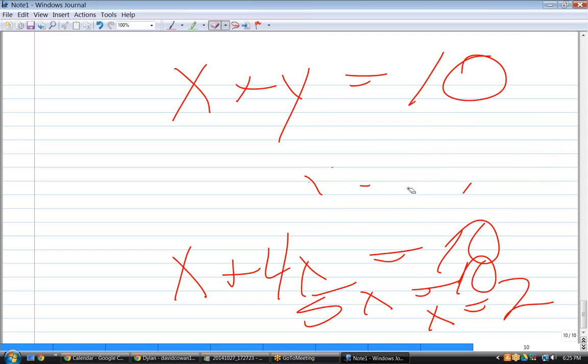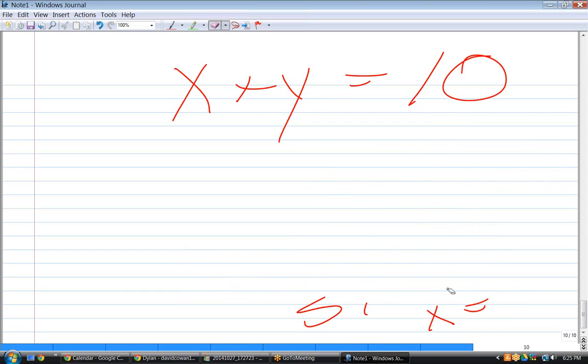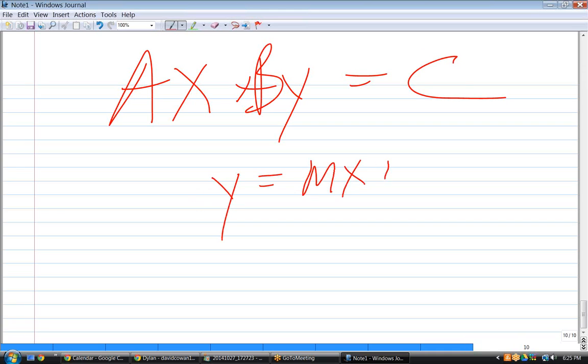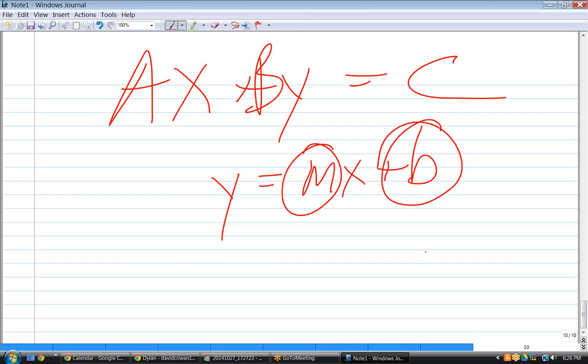The other technique was called elimination. And you use elimination whenever you're in standard format. Standard format is this. That's the standard format of a linear equation, or format of a straight line. Now the other format we've been working a lot with is y equals mx plus b. That's slope-intercept. That's the slope. That's the y-intercept.